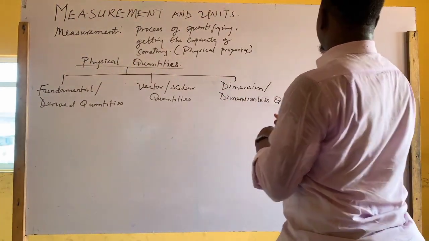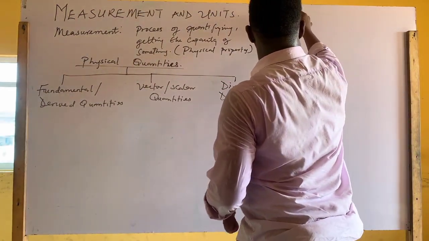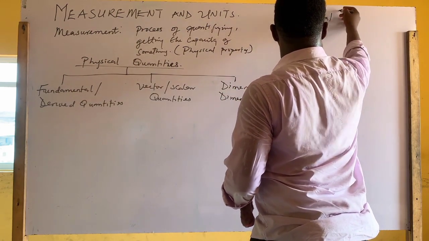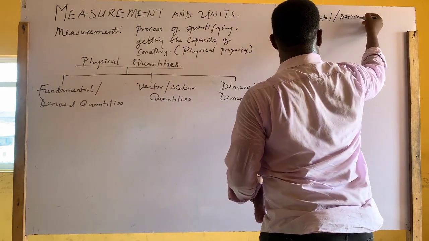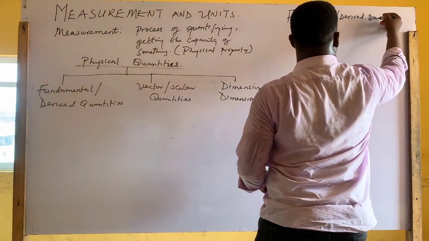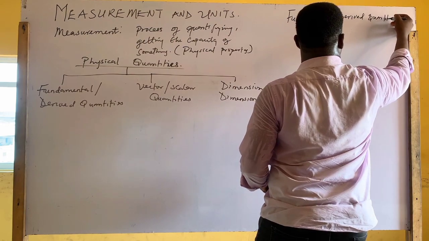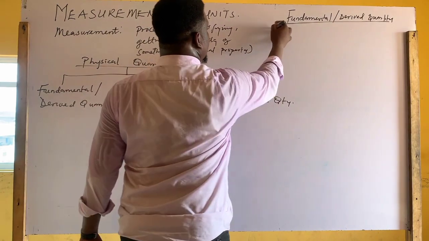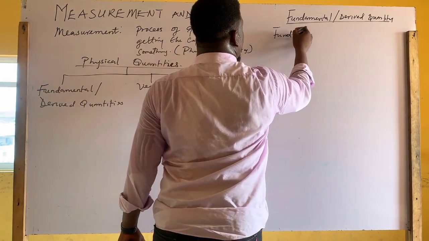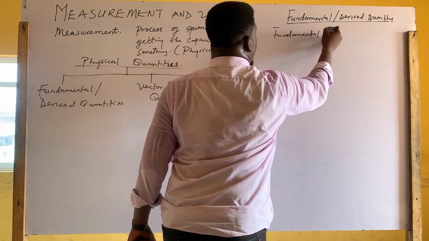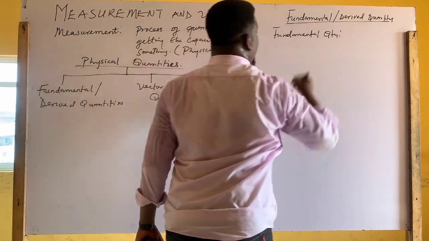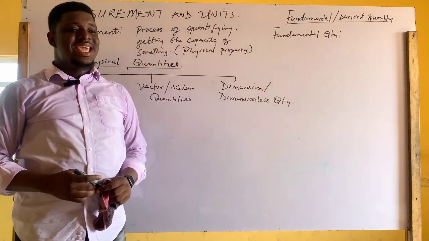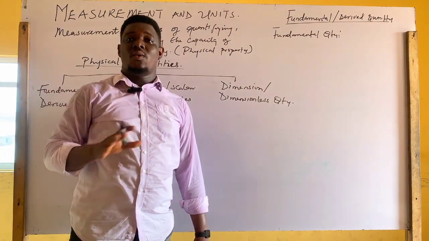We're going to be talking about fundamental and derived quantity. Now, a fundamental quantity is what we call an independent quantity.